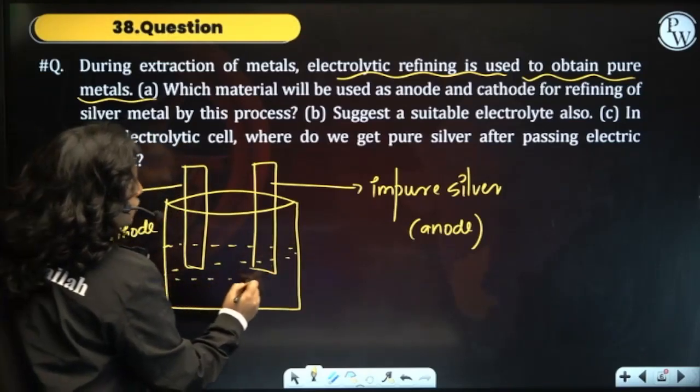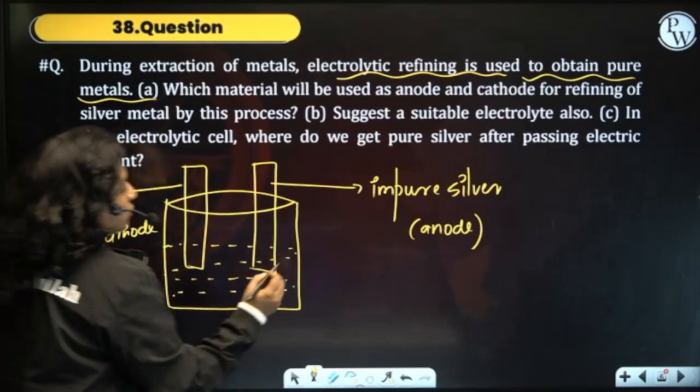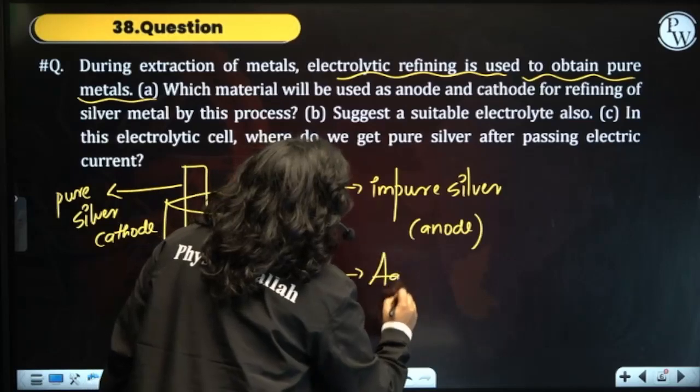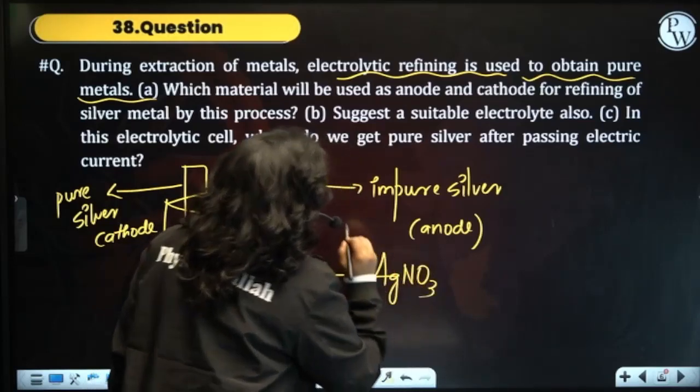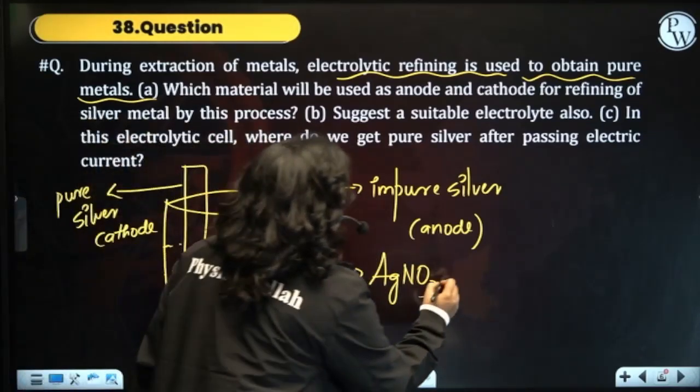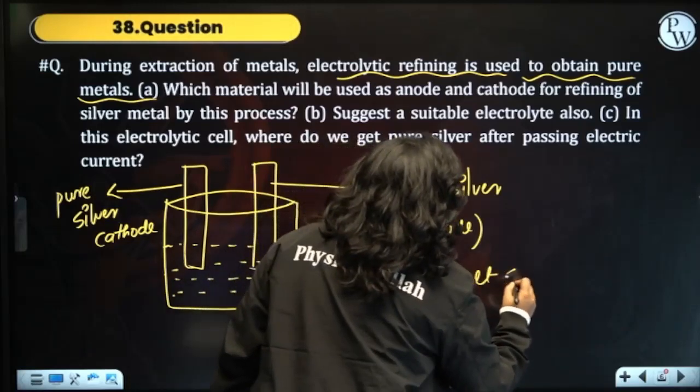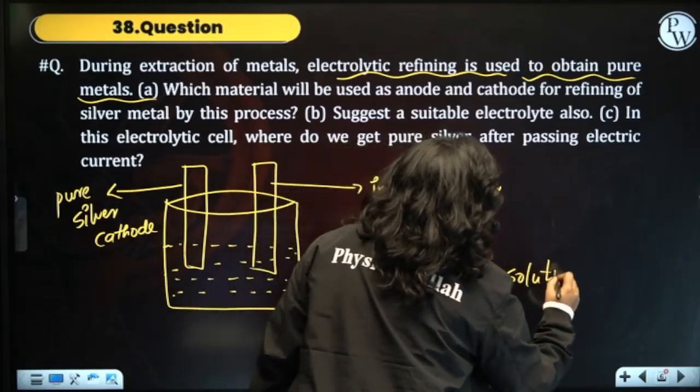That should be what? Salt of silver, right? So salt of silver, a simple one I'll write here. AgNO3, silver nitrate salt solution. Okay, silver nitrate salt solution.